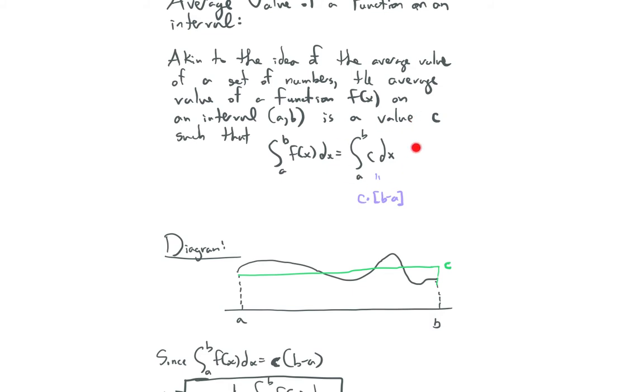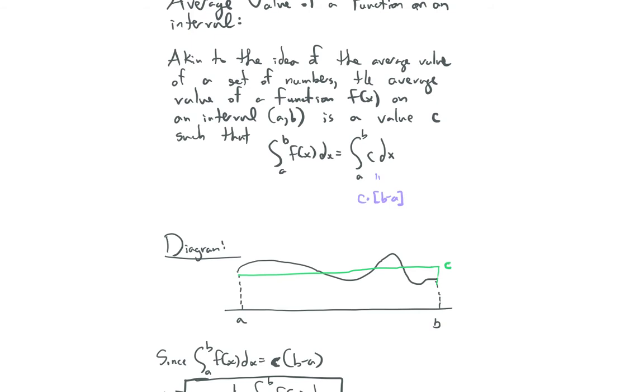You could integrate it, or just realize that any number is a flat function with no slope. It's just a horizontal line from a to b, so it has height c and width b minus a. So the area under that is b minus a times c. So that's what we know.